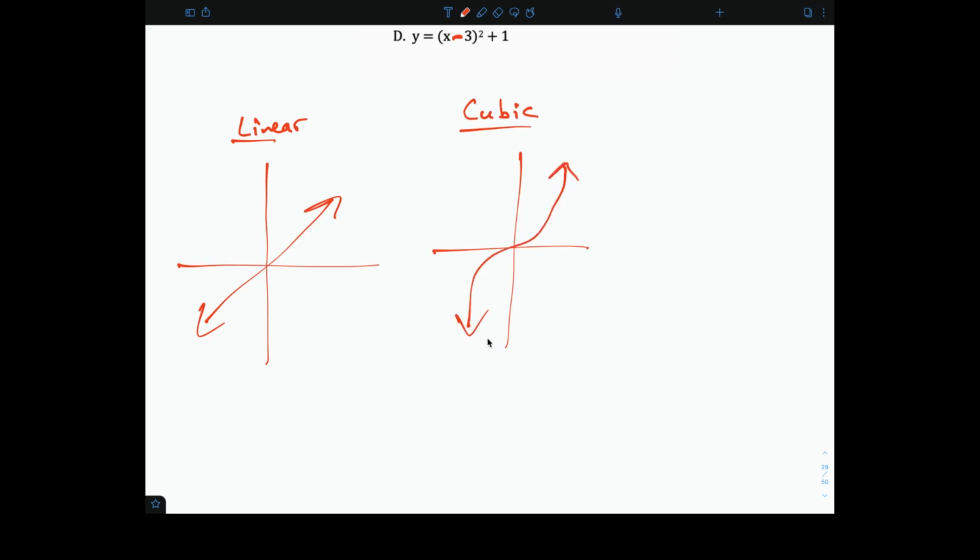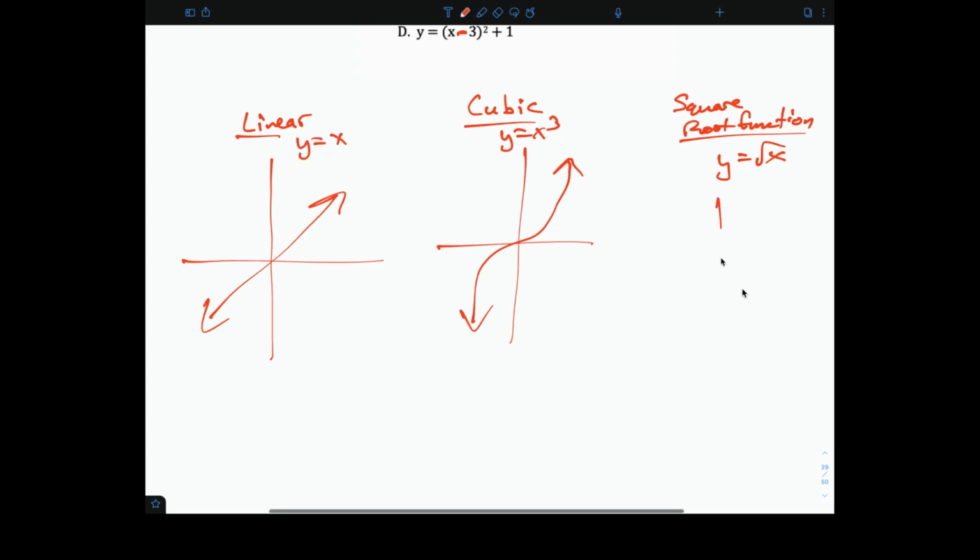And then we have the square root function, which is y equals the square root of x. And this one, I guess I should write as y equals x cubed, and this is y equals x. And this one, I always think of as like the Nike sign.